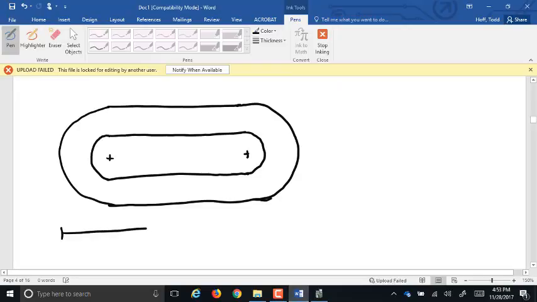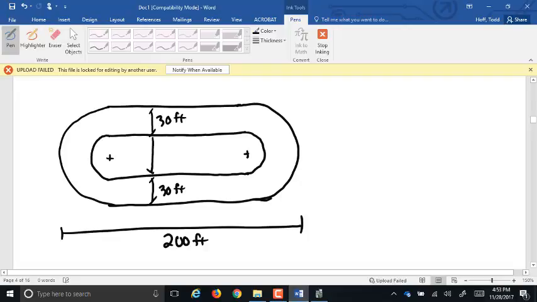I'm going to give you this full distance here of 200 feet. I'm going to give you a distance across here of 30 feet. Of course, 30 feet here. And across here, oh, let's call that 40 feet.